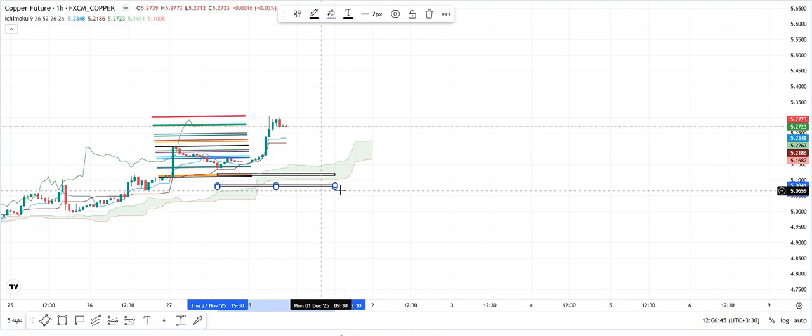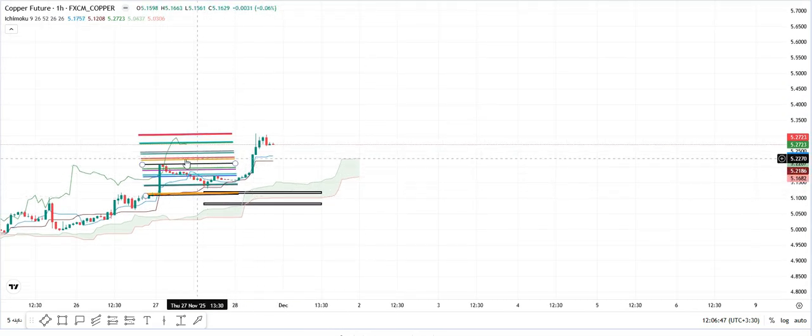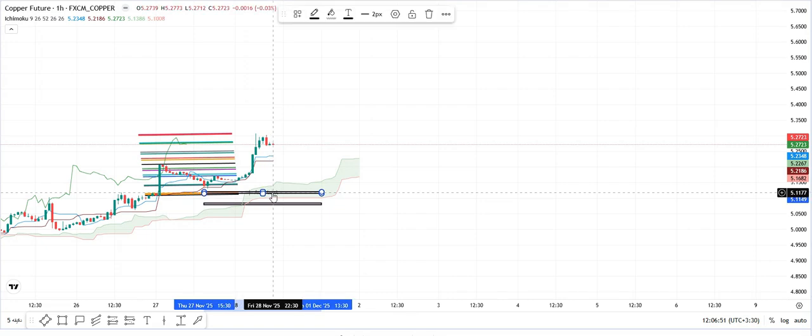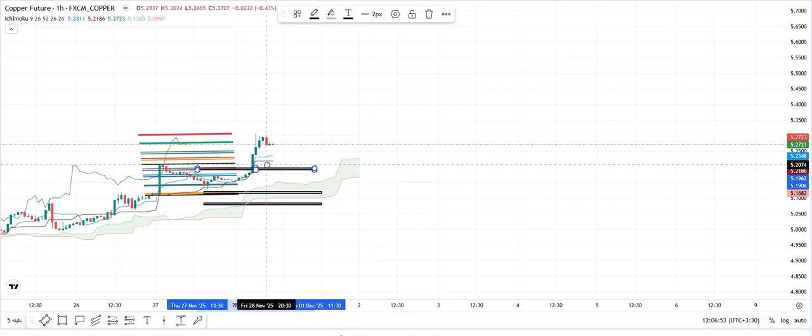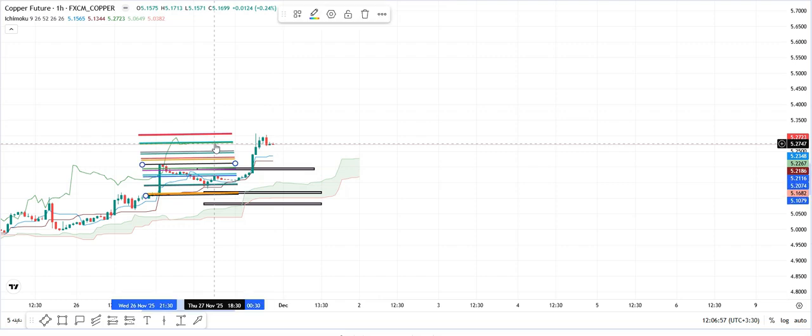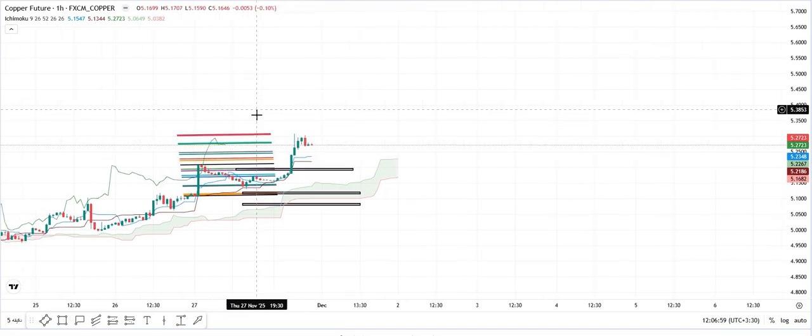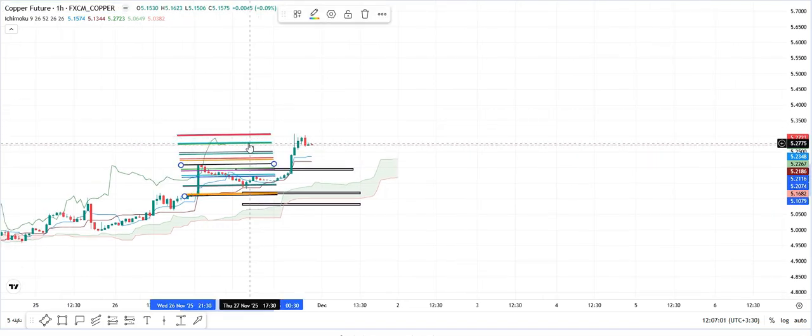Furthermore, I incorporate the Ichimoku Cloud to identify potential dynamic support zones for expected fluctuations, which can be highly effective for placing stop-loss orders. I also measure the internal retracement levels of the upward trend to serve as additional confirmation for support.